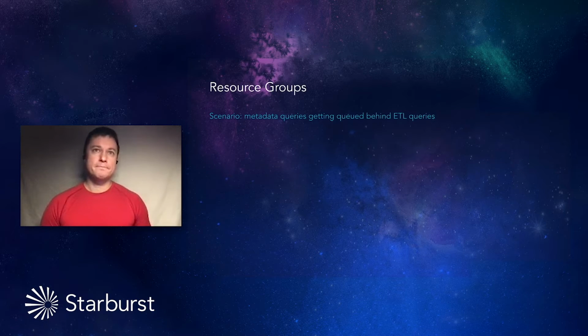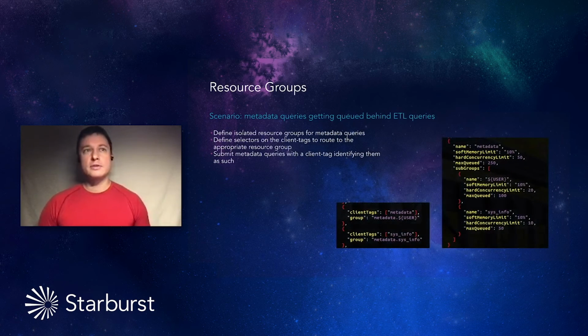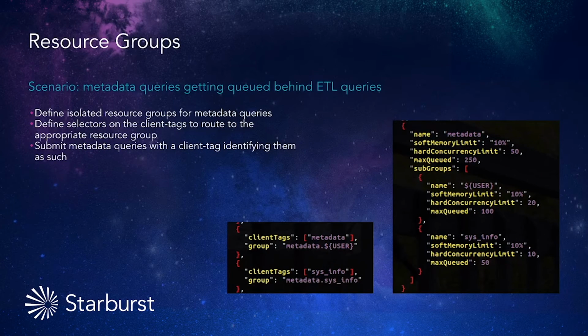To address this, we defined isolated resource groups for those metadata queries, some specific to sysinfo and then the rest targeting users. Created a top-level metadata resource group, and then subgroups within there for the sysinfo and user groups.